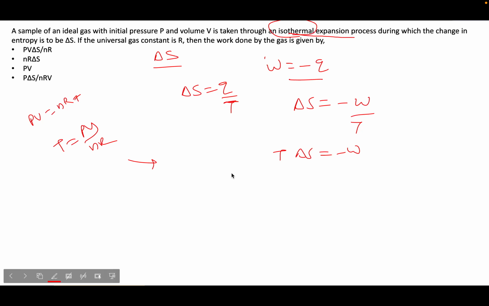If we put that here, delta S is equal to minus of W times nR upon PV.